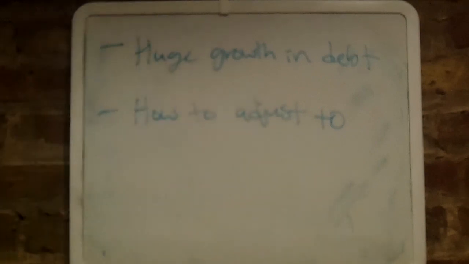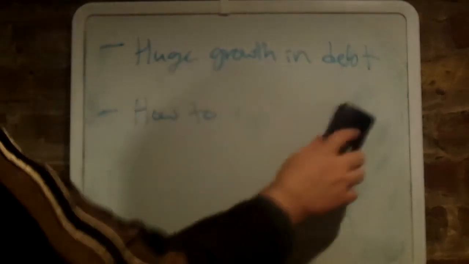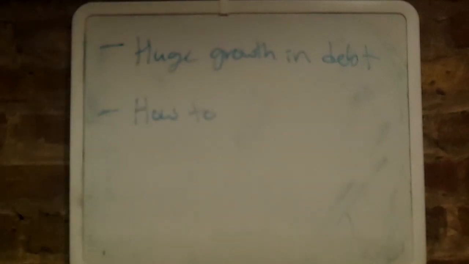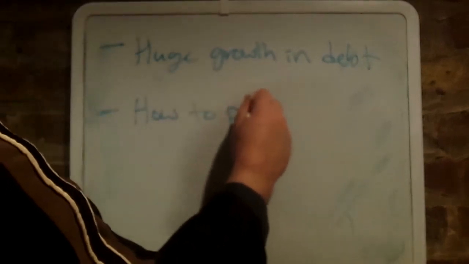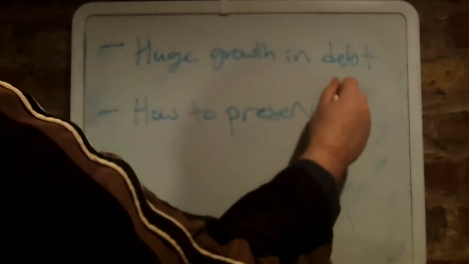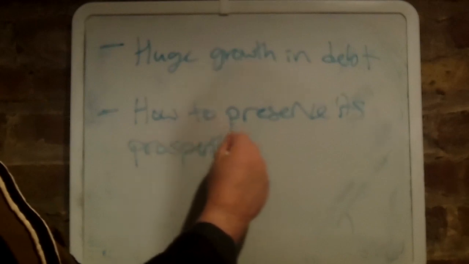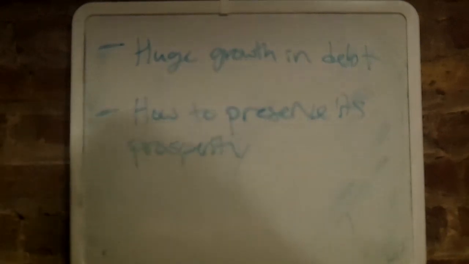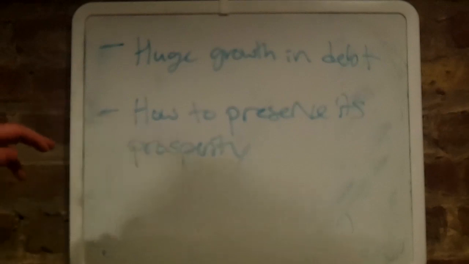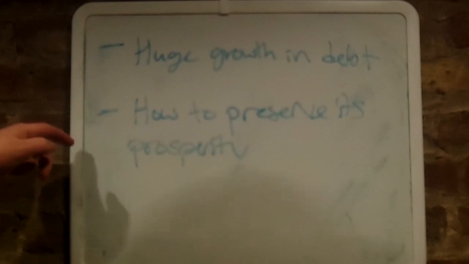How to preserve its prosperity. Because, of course, also during this time, the U.S. has been increasingly shifting away from an industrial manufacturing-based economy to a service-based one. Exports have been declining. Many other trends that aren't so great. So the key question America faces for the future is how to preserve its prosperity.